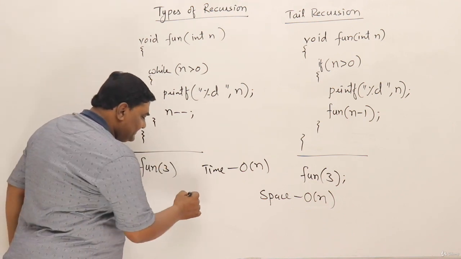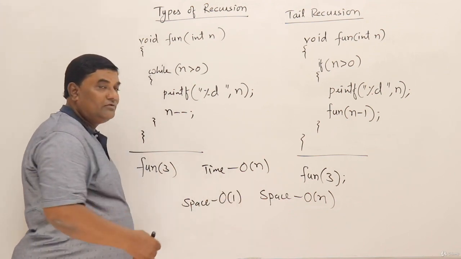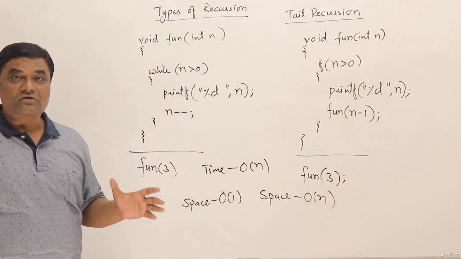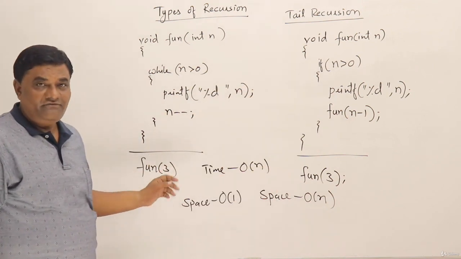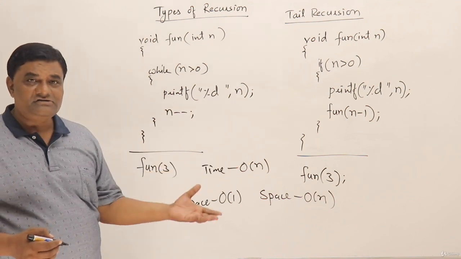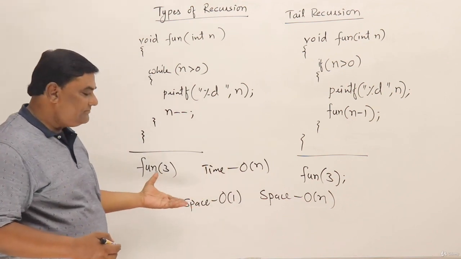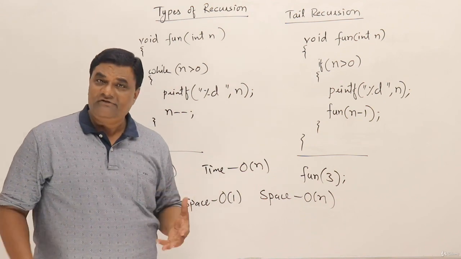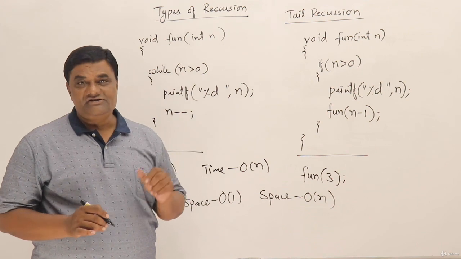So the space complexity for this one is order of 1, that is constant. So there it is order of n and here it is order of 1. The conclusion is, if you have to write a tail recursion, it is better to convert it into a loop, which is more efficient in terms of space. But this will not be true for every type of recursion or loop. In case of tail recursion, the loop is efficient.